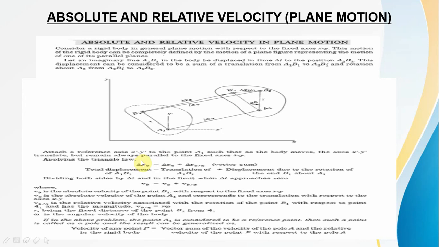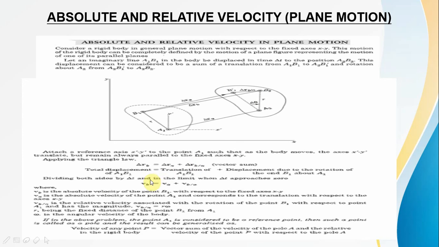So we can say that this delta RB is actually the sum of delta RA plus delta RB upon A, where this delta RB is the total displacement of B1 from here to here, and this delta RA is basically the translation of A1 from here to here, and finally this delta RB by A is actually the displacement due to rotation of the end B1 about A1, right? So mathematically we can put it like this.